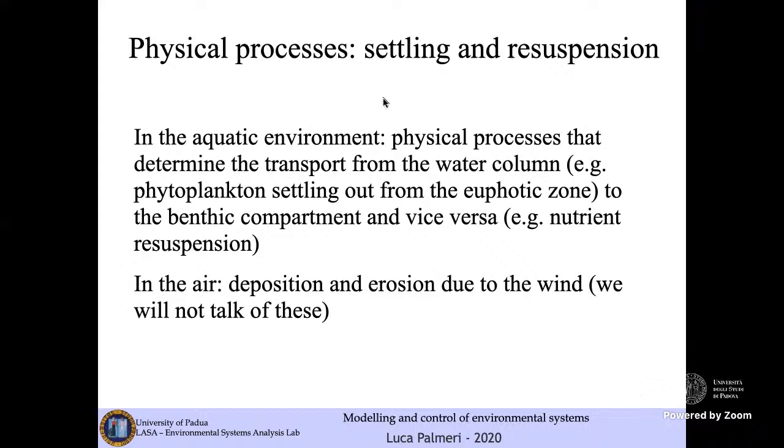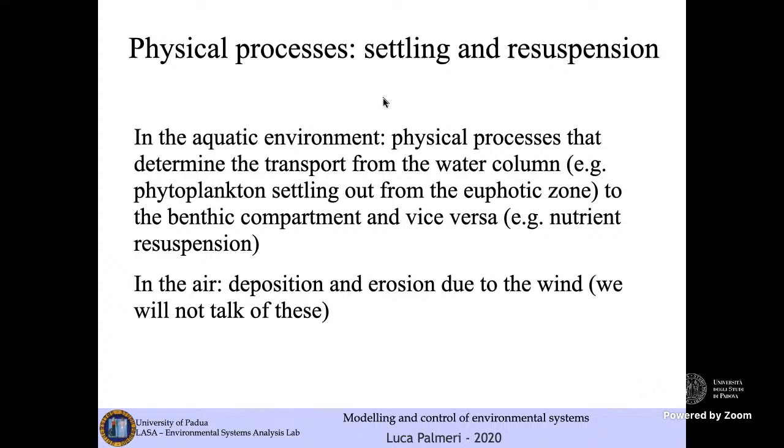The benthic means the bottom part of aquatic ecosystems, are key processes in order to understand how substances move, and in particular how nutrients move, as we will see.